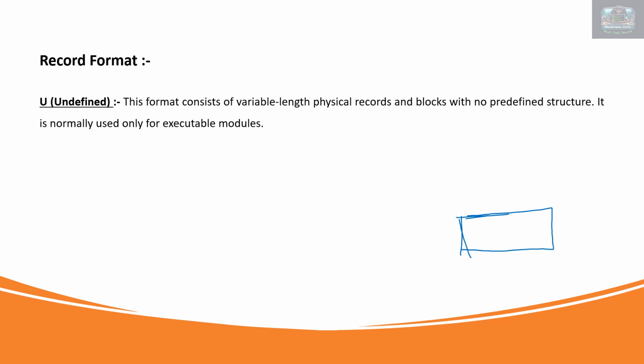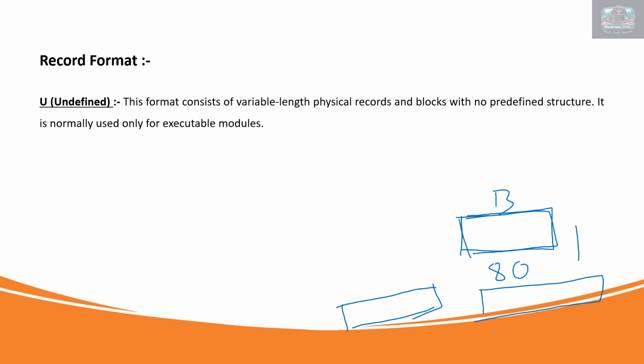If this is one block, and another block, suppose this is some 80 bytes block, the next one would be 100, the next one 120, the next one 90, and the next one again 80. So there isn't any proper definition for this.